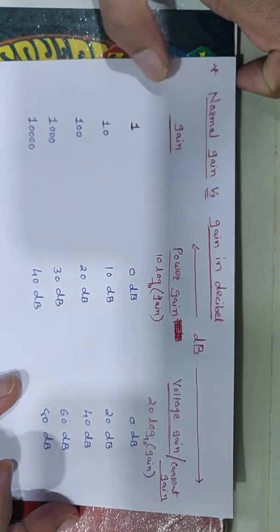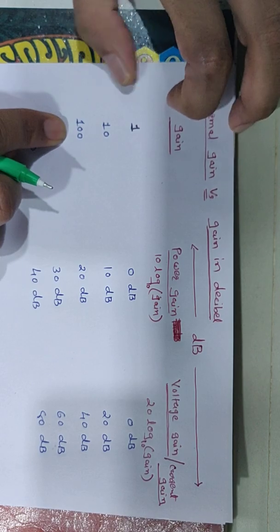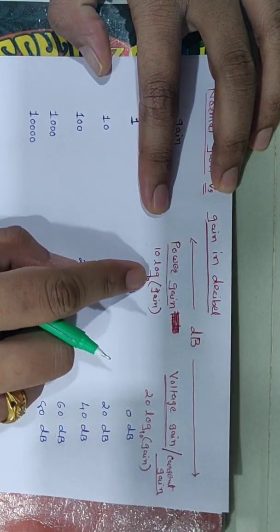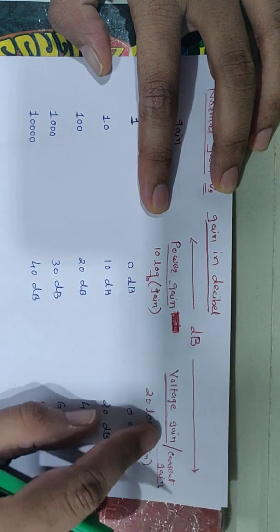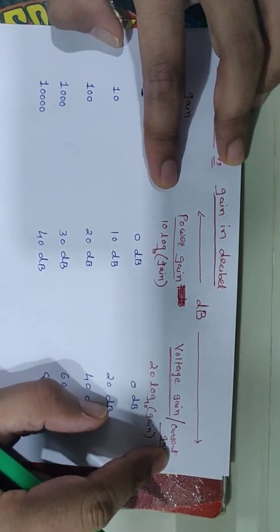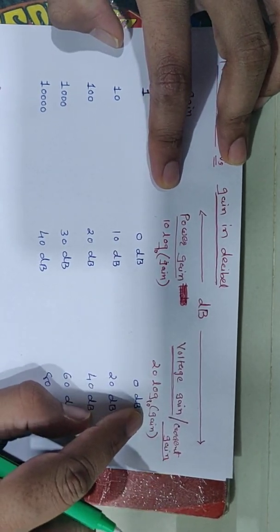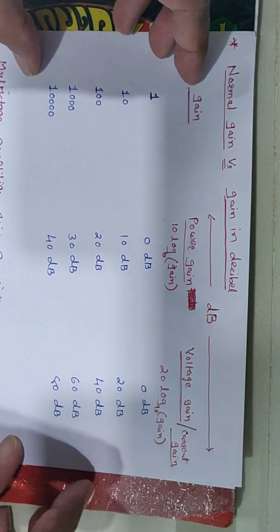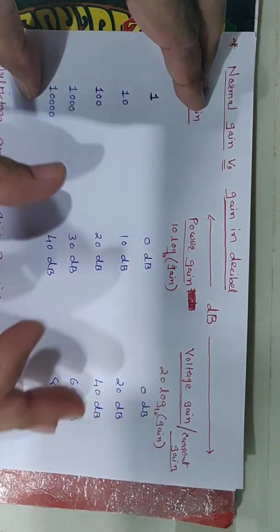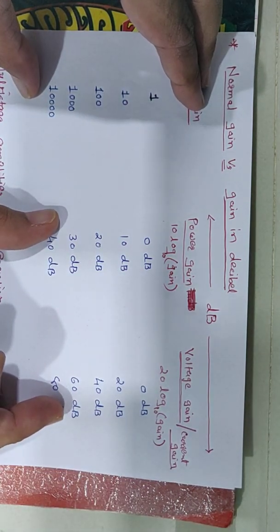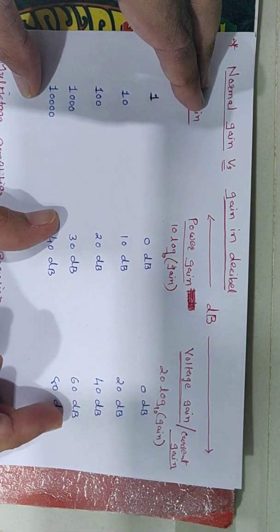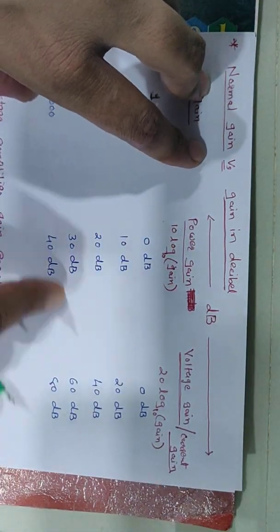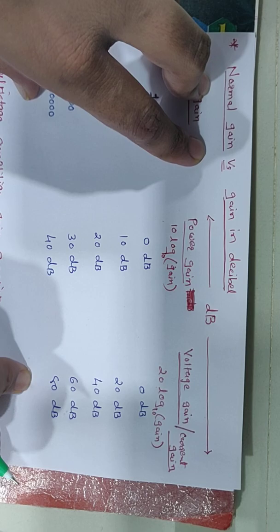If we have a normal gain, this is the power gain we have converted into dB, and this is a voltage or current gain which is converted again into dB. So this is the comparison between the simple gain and the gain which is converted into dB.